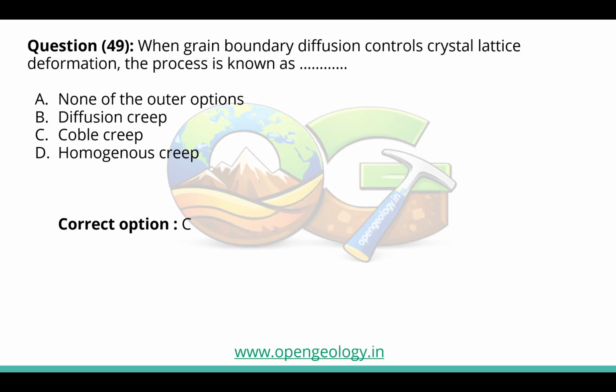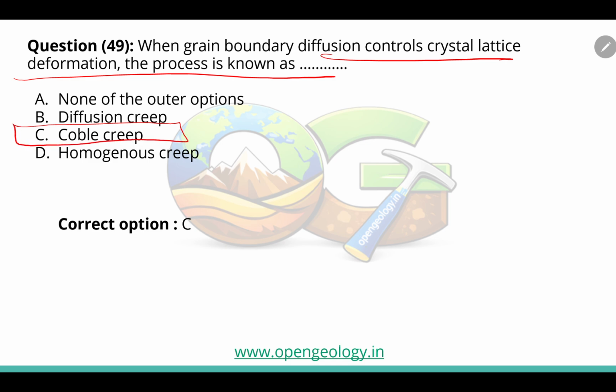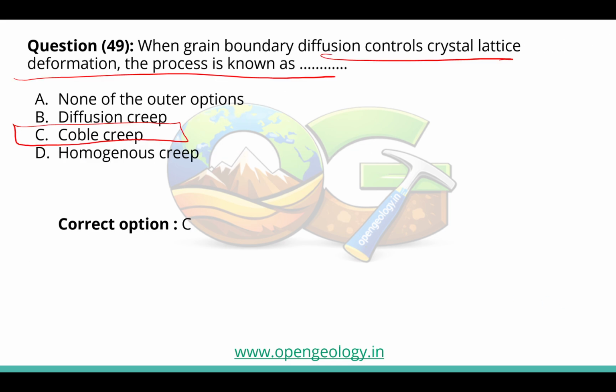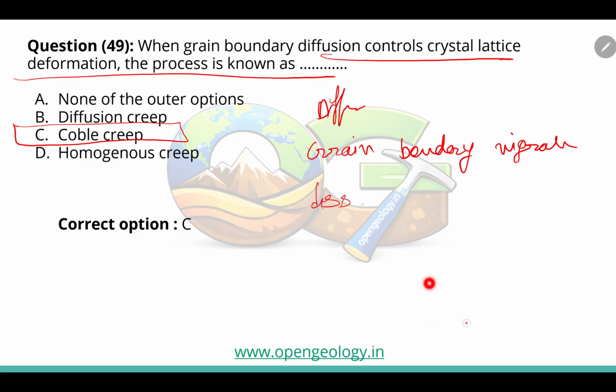Another question: which grain boundary migration controls the crystal lattice deformation? The process is known as Coble creep. There are other processes like diffusion creep, grain boundary migration, and dislocation creep.